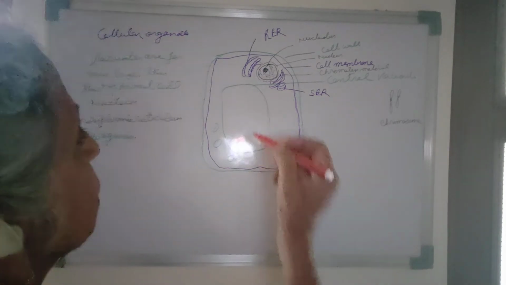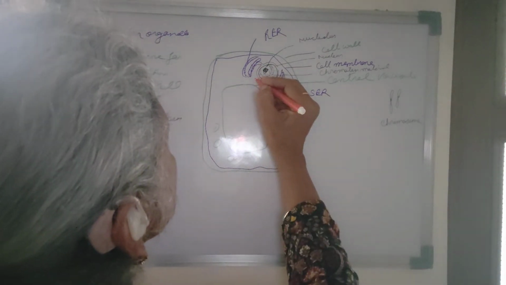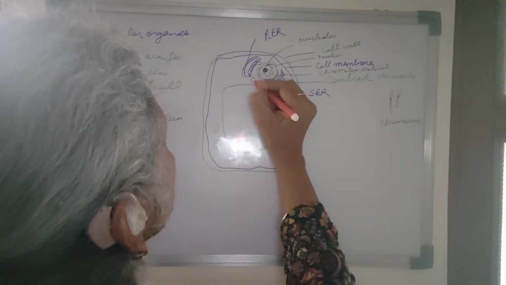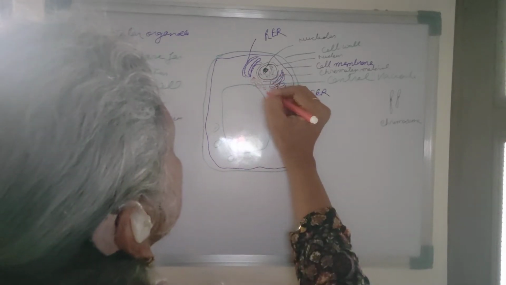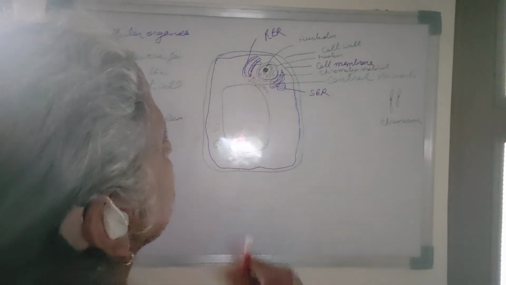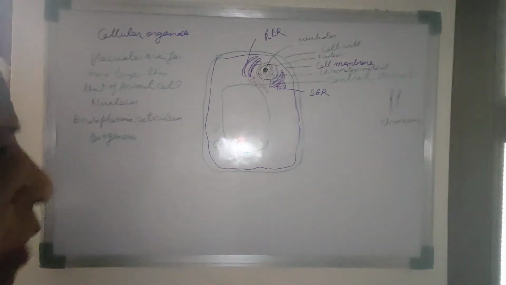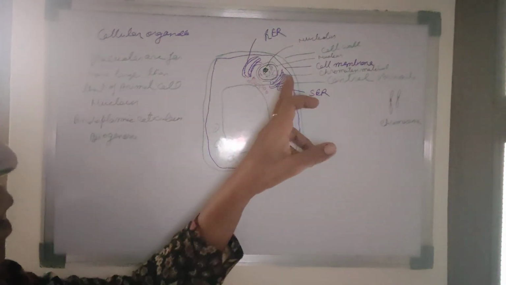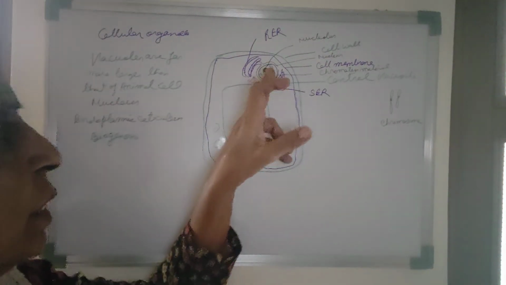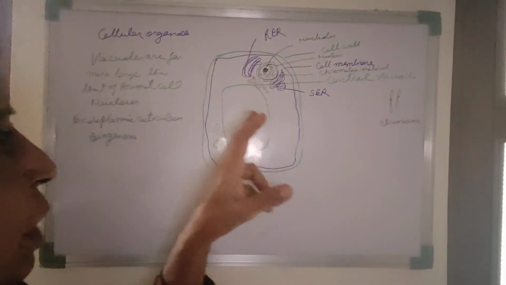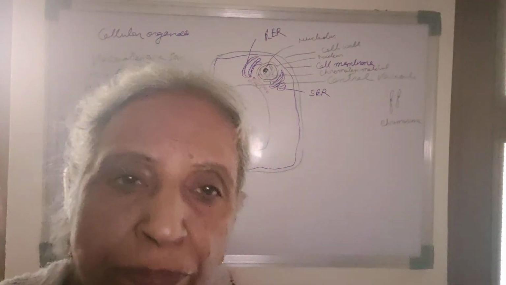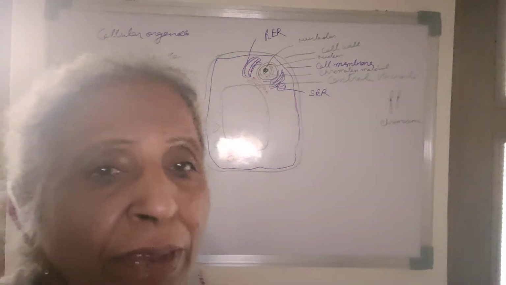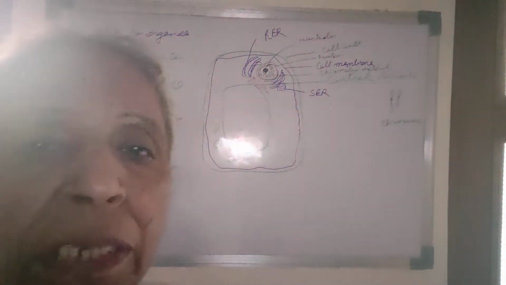Then are the Golgi bodies. Golgi bodies are present also near the nucleus. They are flattened, bell-shaped structures. They are more in the plant cell than in the animal cell. Golgi bodies take the material from the endoplasmic reticulum, store it, modify it, package it, and transmit it where it is required.